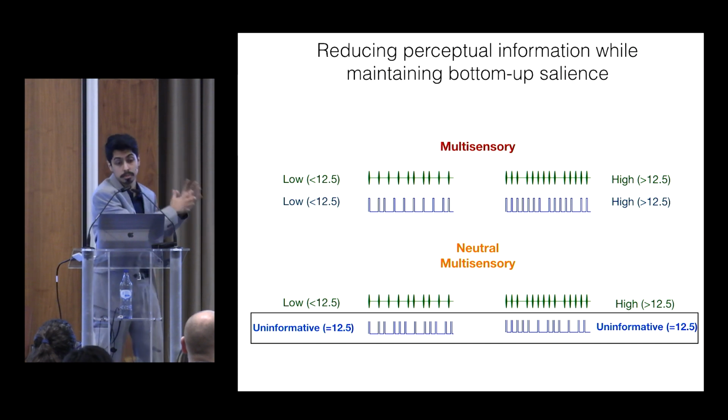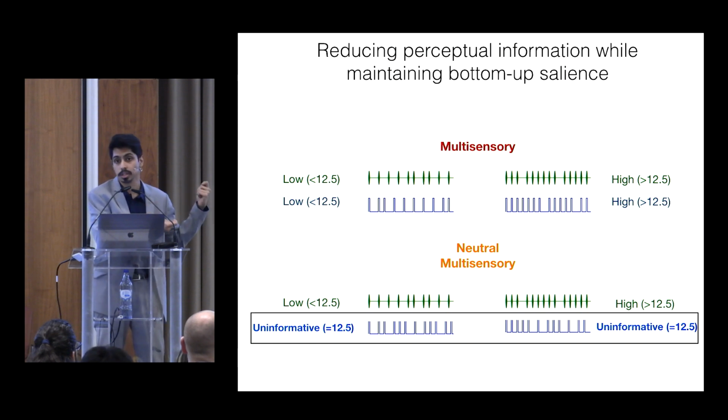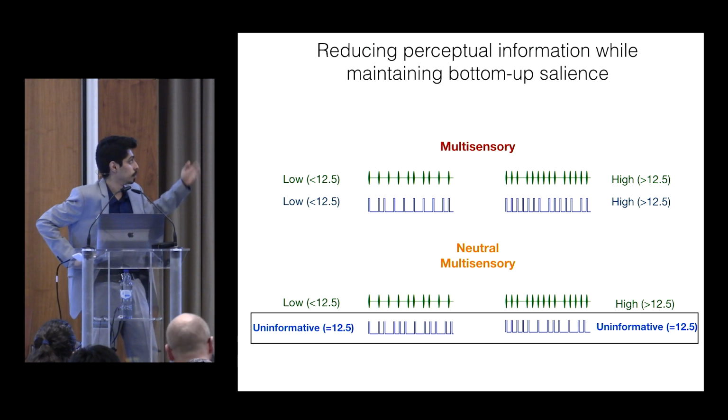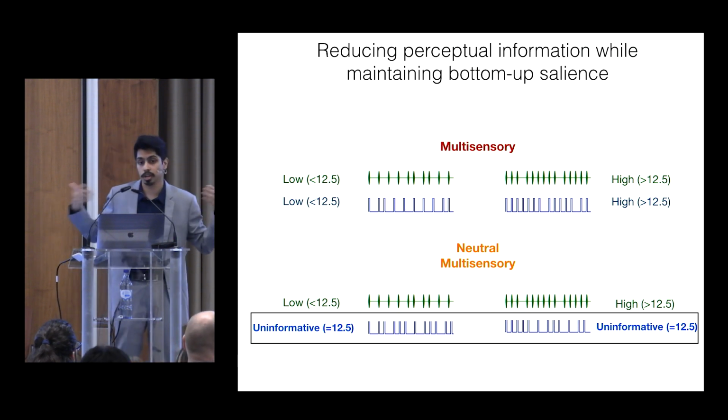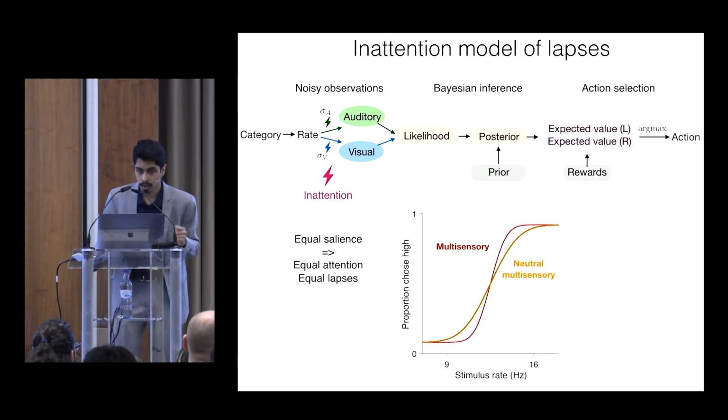So these trials are still multisensory, and there's 2 streams of stimuli, and they're also randomly interleaved with the usual multisensory trials. So the animal doesn't know which condition it is in until it actually accumulates the evidence. So both these trials should have similar bottom-up attentional salience, but the neutral trials have less perceptual information in them.